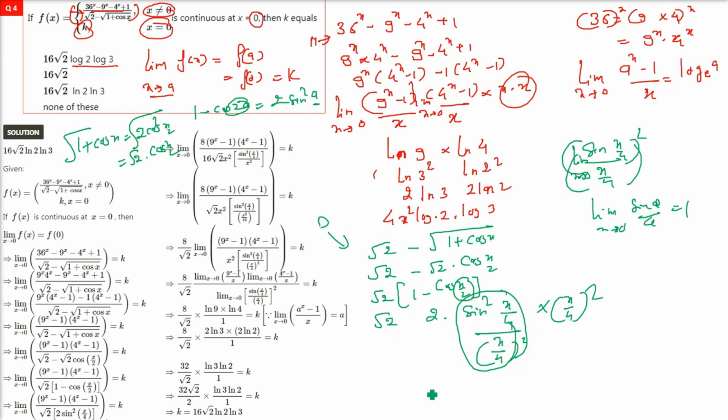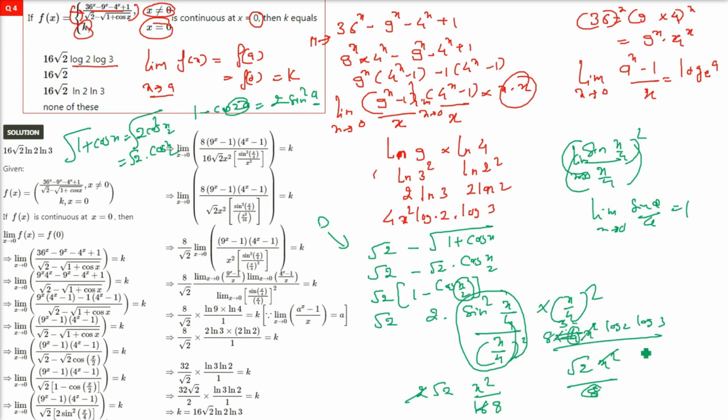So what is remaining? It's 2 root 2, and this is x squared by 4, 4 4s are 16. So you can cut it like this, 2 8s are 16: 2 root 2 x square by 8. Now remember, this was the denominator. What was the numerator? It was 4x square log 2 log 3. Now you can cancel this x square, and 8 you have to take in the numerator. It is 8 into 4 basically, 8 4s are 32.